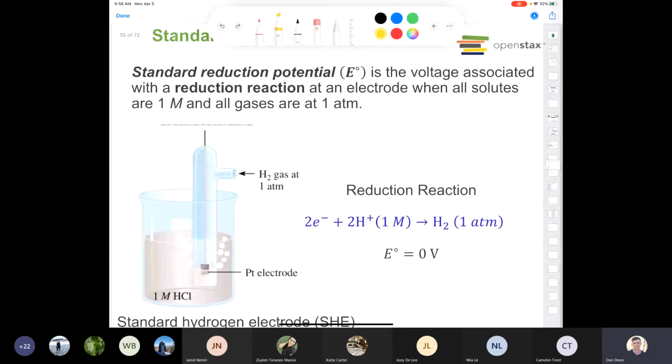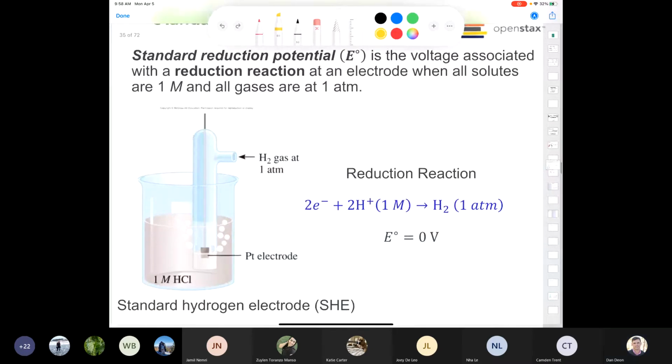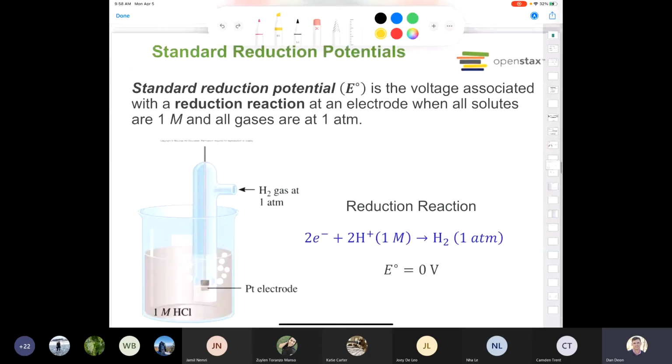But before we can get into the voltage of the galvanic cell that shows the reaction between the copper and zinc, we have to talk about standard reduction potential. Everybody knows what reduction is at this point, right? Reduction is gaining electrons. GER, or what do we like here more?